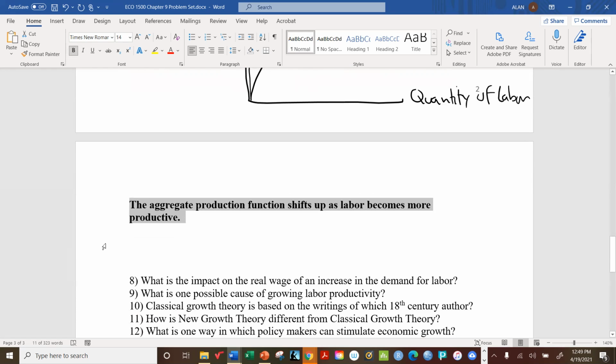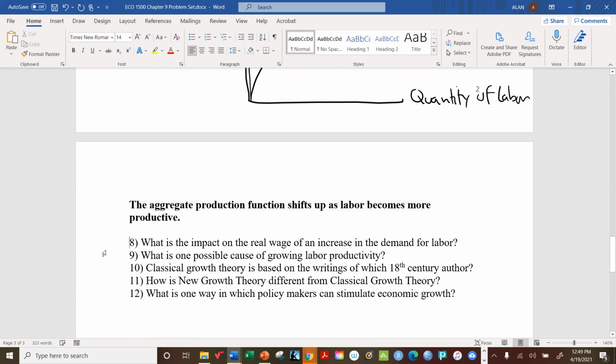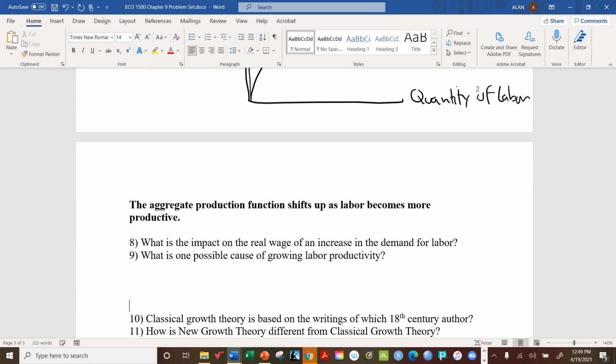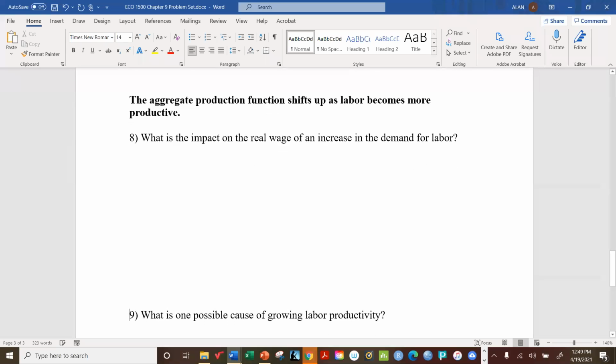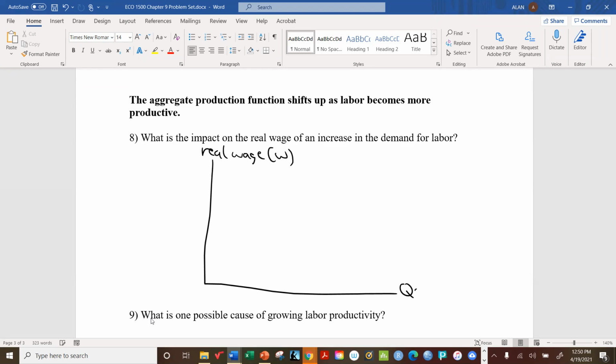Now, number 8. Oh, so this is similar to what we had before. We're asking here what happens to wages when the demand for labor goes up. All right, so let's do that same graph. And quantity of labor.